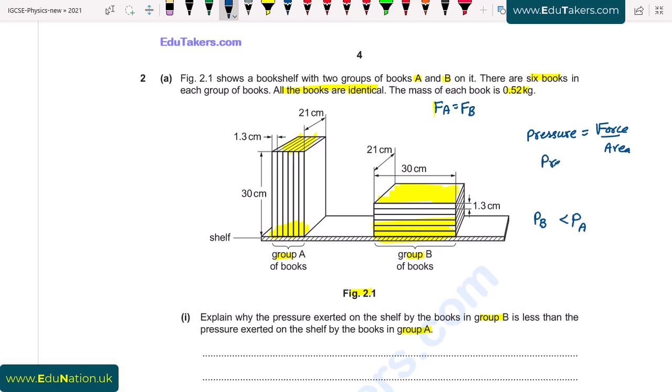Pressure is inversely proportional to area. Now we check which set of books has the larger area and which has the smaller area. In figure 2.1 we can see that group B of the books has a larger area as compared to group A. I write here this has large area as compared to this one.